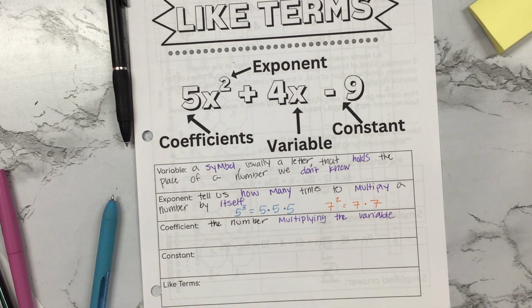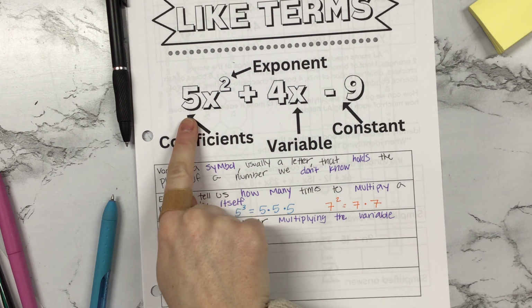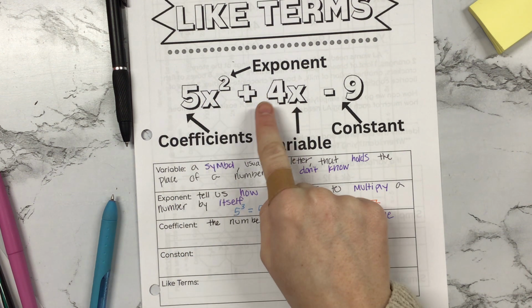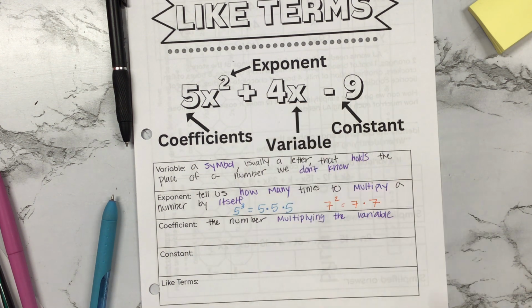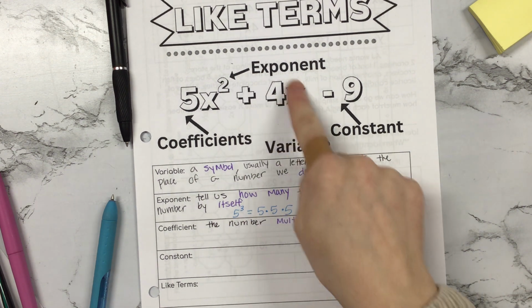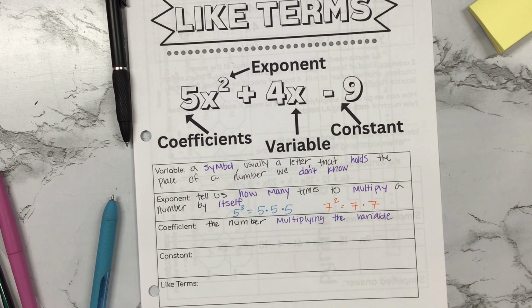It can be positive, it can be negative, it can be a fraction, a decimal, okay? And it's in front of the variable. So here, this means 5 times whatever x squared is. This means 4 times x, right? So this is saying 4 times a number I don't yet know, whatever that would be, okay?